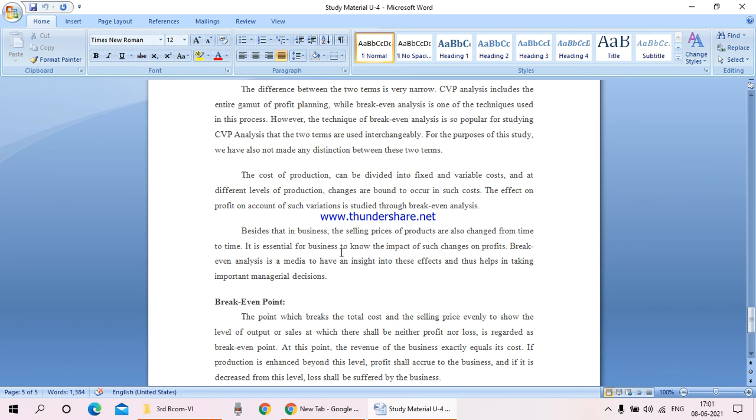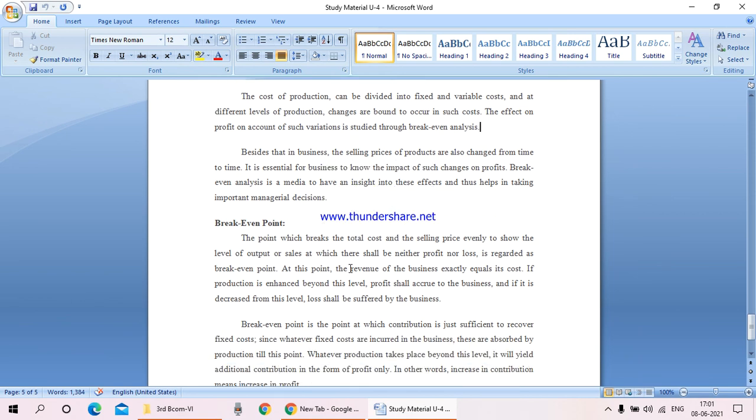It is essential for business to know the impact of such changes on profits. Break-even analysis is a medium to have an insight into these effects and thus helps in taking important managerial decisions.